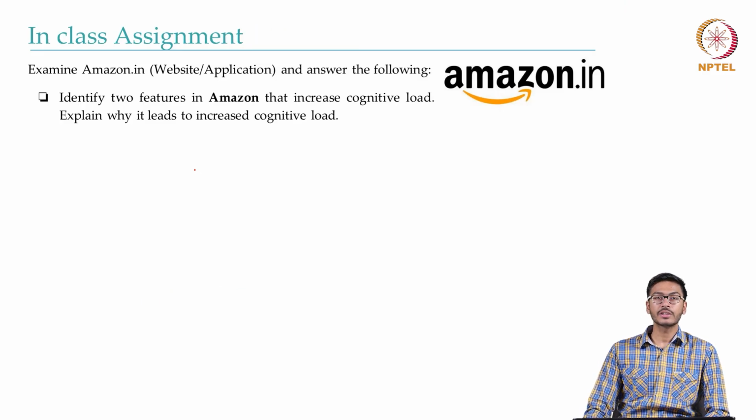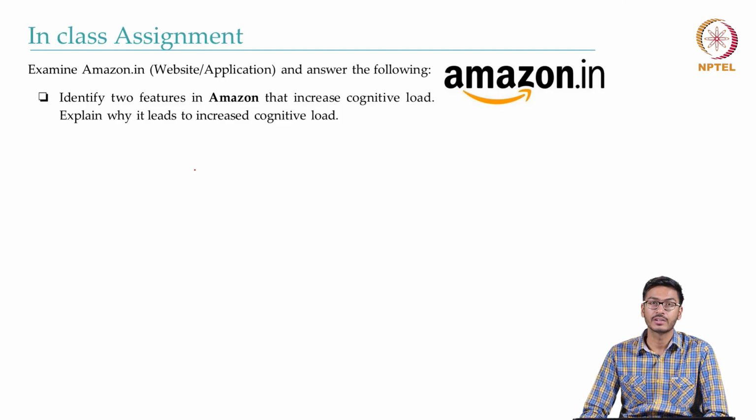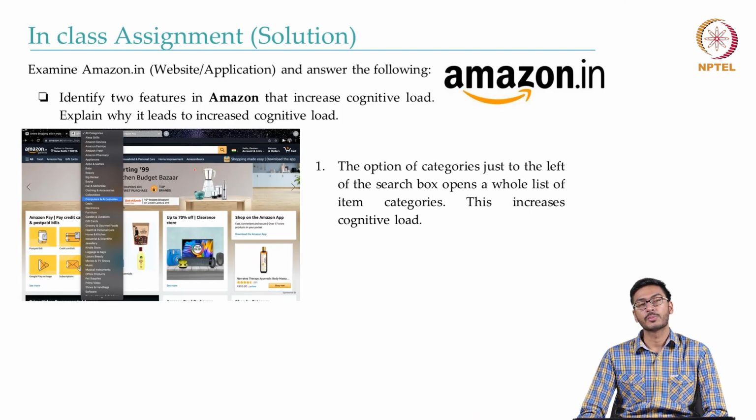For the next part of the assignment, we need to identify two features in Amazon that actually increase the cognitive load, explain why it leads to increased cognitive load, and also suggest some improvements. The first is the category options to the left of the search box.